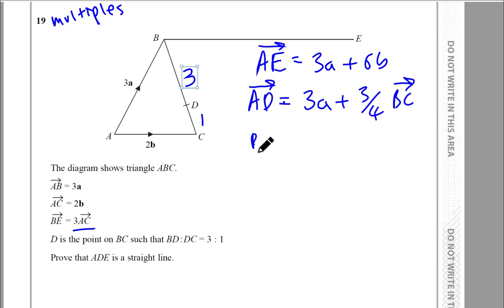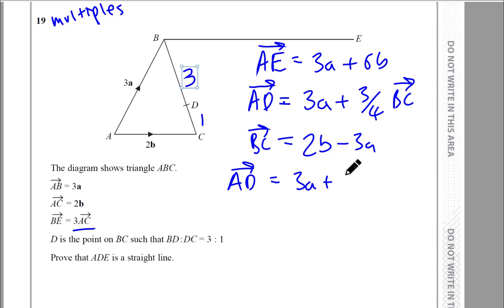So what is B to C? B to C, we can see, is -3A plus 2B, going this way. So I'm going to say 2B minus 3A, so it's got 3/4 of that. So AD equals 3A plus 3/4 (2B minus 3A).